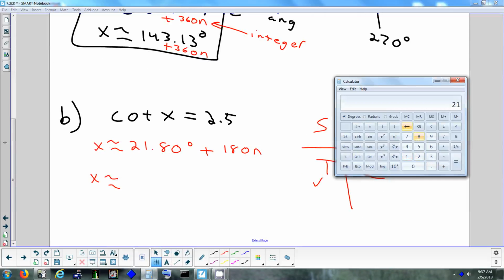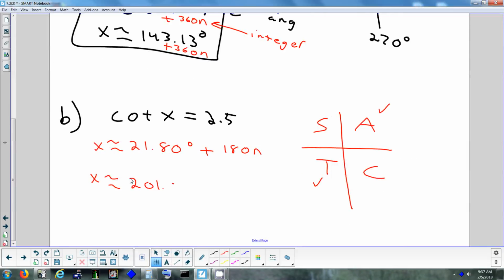Let's just do it in my head because the calculator is having trouble. 201.8. That's the other answer. And what would I have to put on the end of that? Yep. Plus 180. Careful, 360 is not the period here.